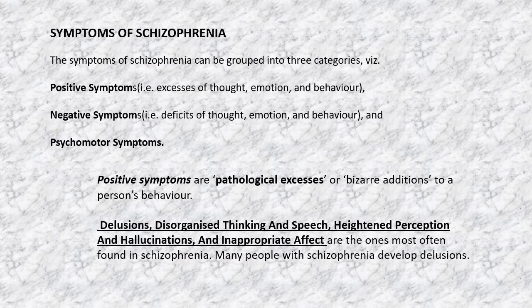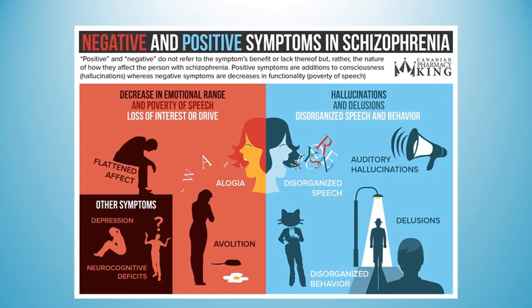Many people with schizophrenia develop delusions. Now see, positive and negative do not refer to the symptoms' benefit, or lack thereof, but rather the nature of how they affect a person with schizophrenia. Basically, positive symptoms are additions to consciousness, that is hallucinations, whereas negative symptoms are decreases in functionality. There's poverty of speech. How can we figure out the positive and negative symptoms?